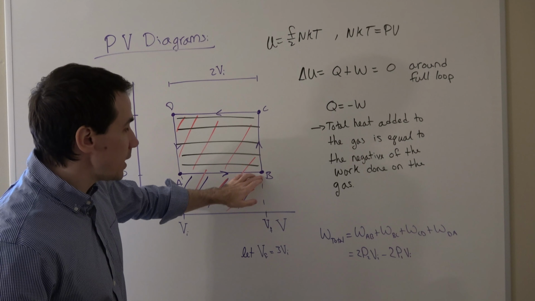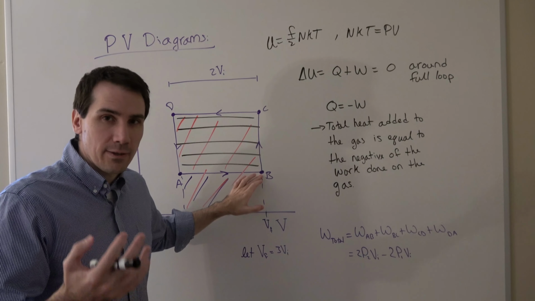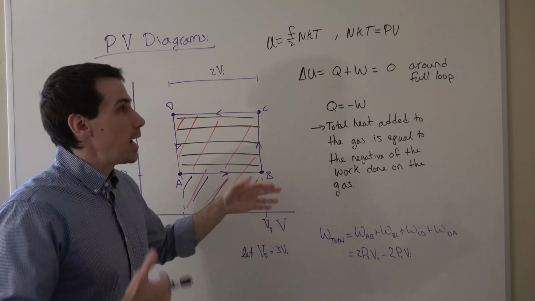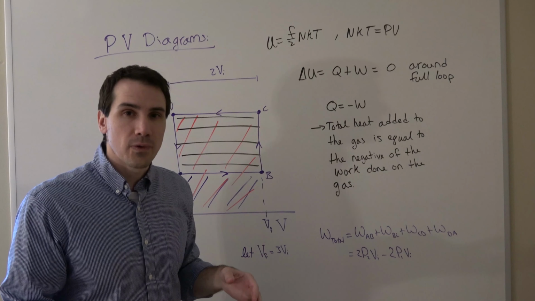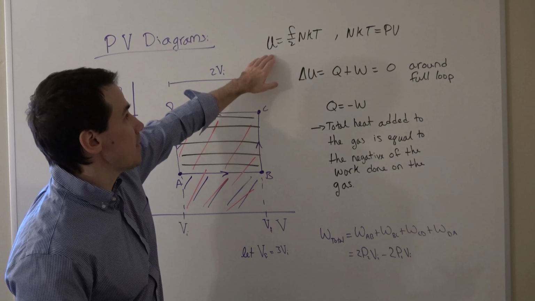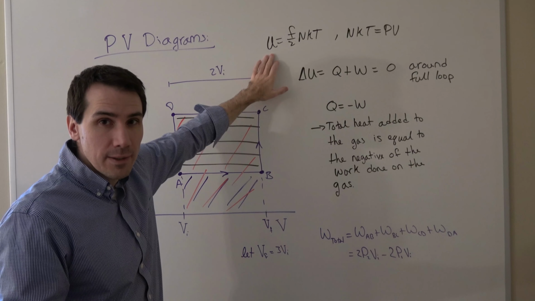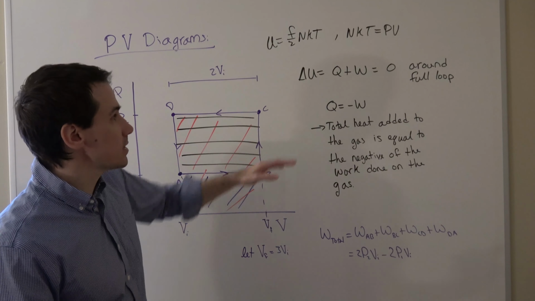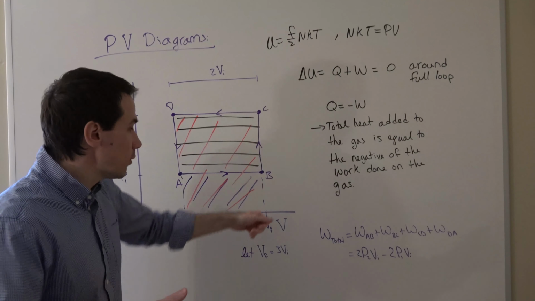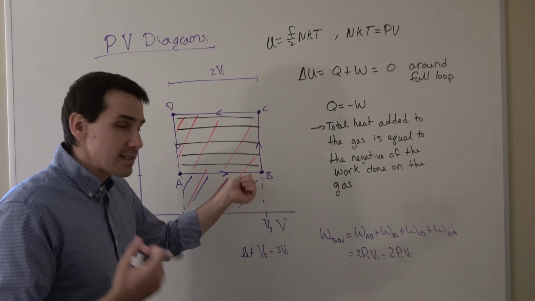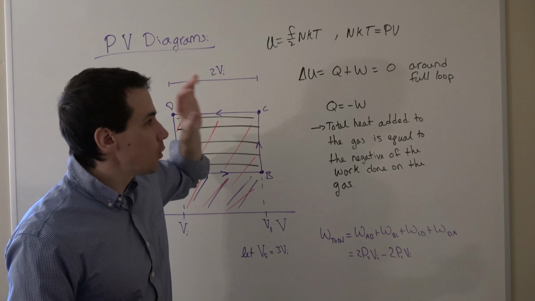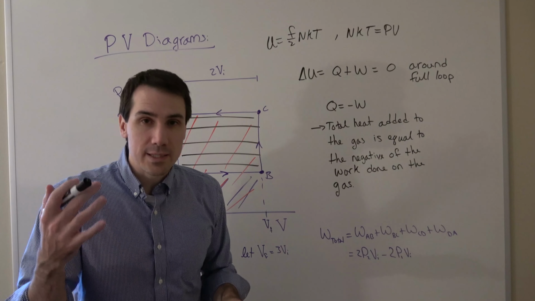So every time in the cycle I get to point B, I must be at the same temperature because I'm at the same pressure and volume. And if I'm at the same temperature, then I'm at the same energy. This tells us that the change in energy as I move around a full cycle, however I do it, must be 0 if I get back to the same spot that I started with.